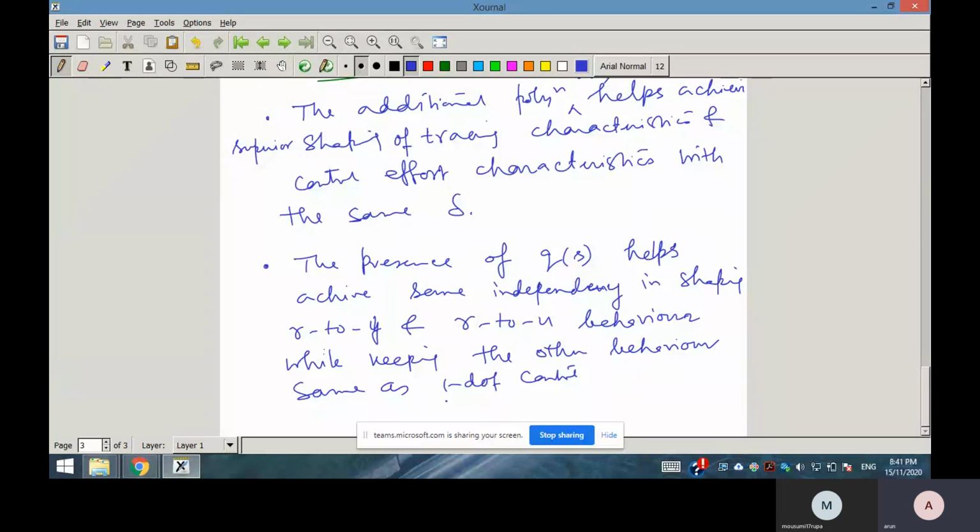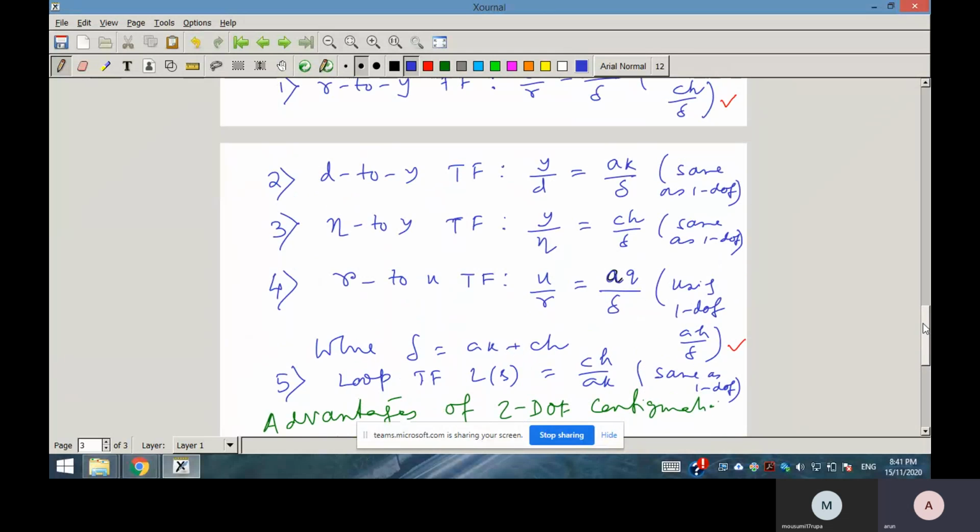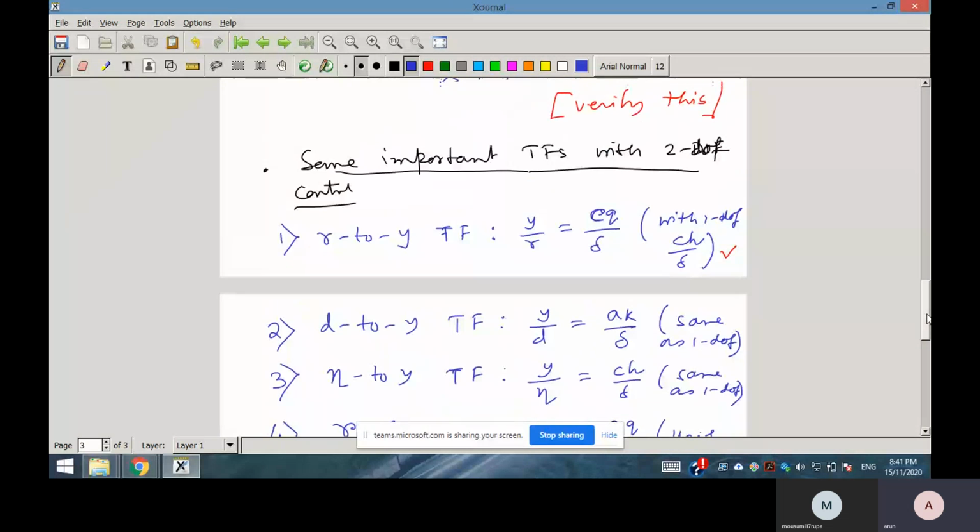So obviously other loop behavior, I should write loop behavior. Loop behavior means here a disturbance function, but here you can see the reference input to output transfer function in case of 2 degree of freedom will be different from 1 degree of freedom.